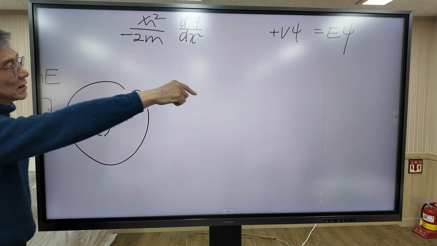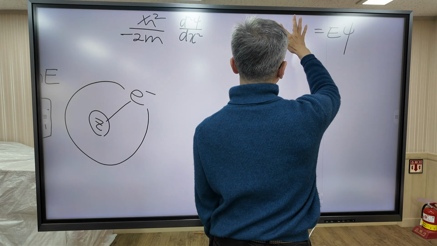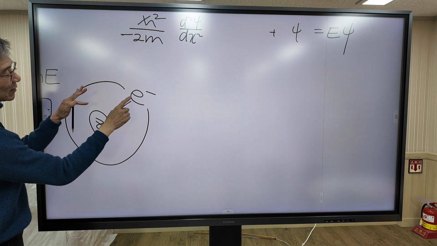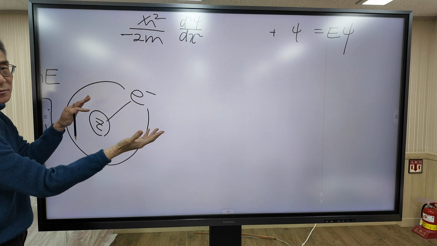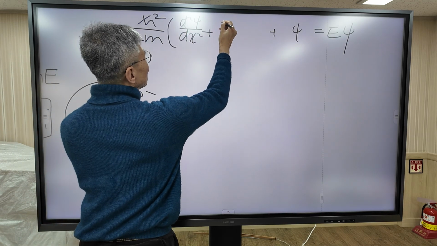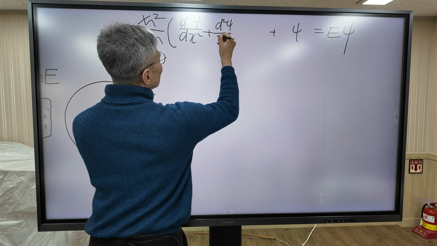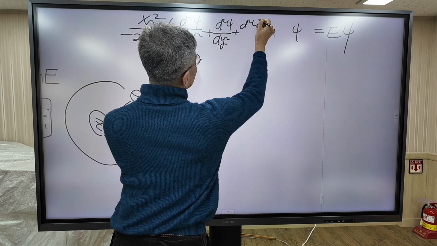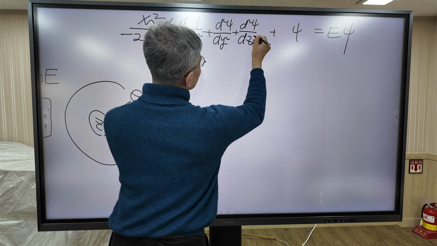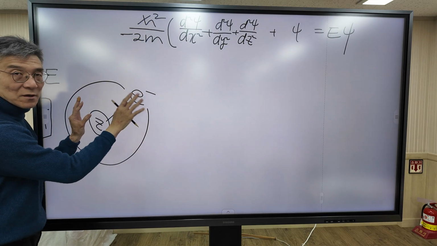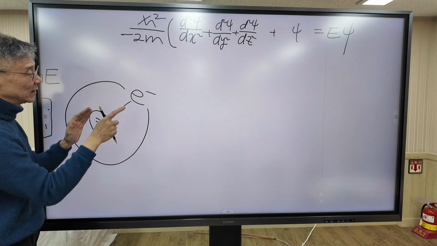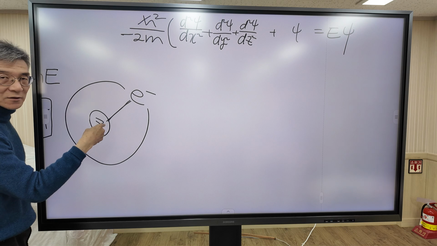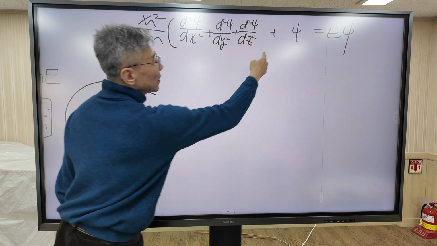So for the potential energy, if there were no nucleus, the electron would move in three-dimensional space. So we need this term. Because the electron moves in three-dimensional space, and in addition to that, the electron experiences nuclear attraction. So the potential term must be here, right?